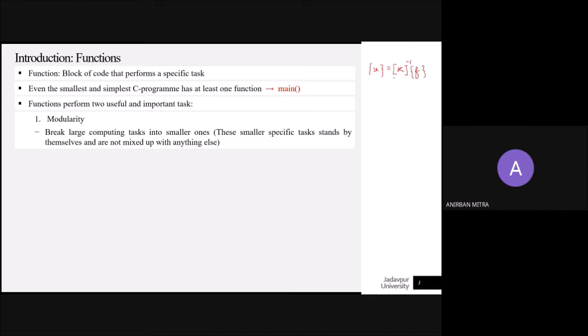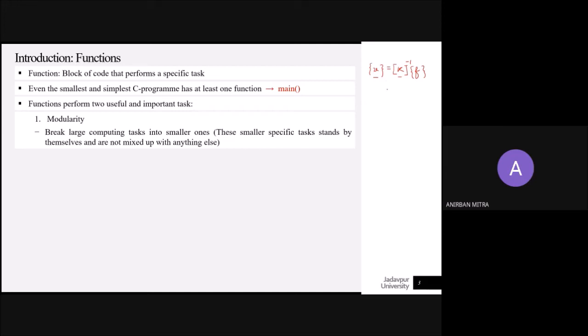It's a matrix equation where you have this vector u, which may be a displacement vector, which is equal to K inverse. K is a stiffness matrix multiplied by, this is a force vector. So if you are to solve this equation using programs, then you need to break it up into certain smaller tasks.